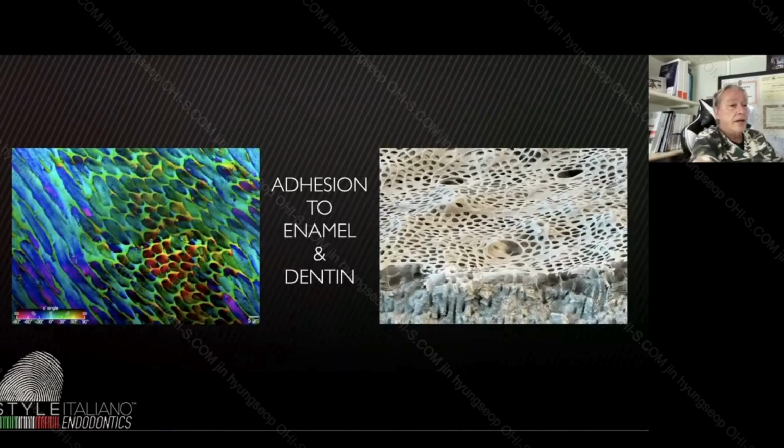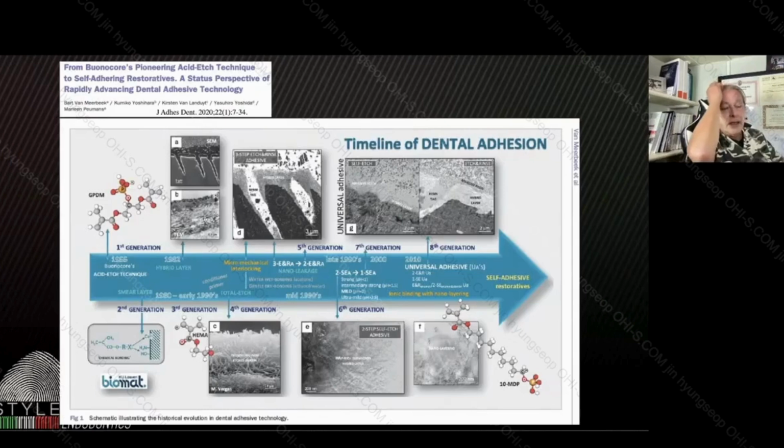And so let's deal with the adhesion to enamel and dentin. Historically, adhesive systems are classified in generations, that means the era of the chronological appearance on the market of these products.